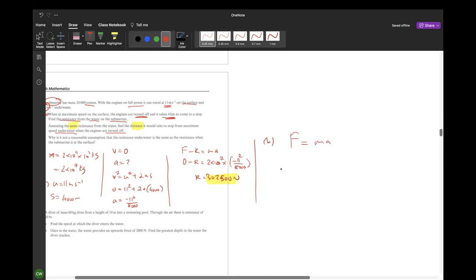Engine off, no engine force, minus R. Are they having the same deceleration? That means the deceleration should be the same. No need to find it also. Same resistive force, same R, engine turned off, same mass, same A.